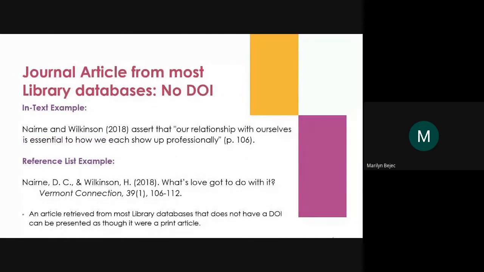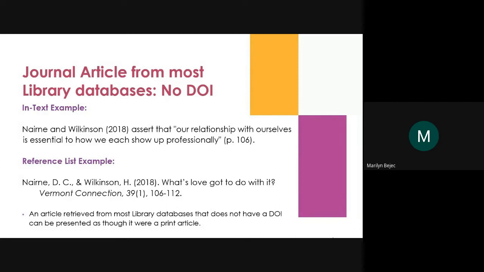For a journal article from a library database with no DOI, in text, you have to write the author's name followed by the year, and then the direct quotation, followed by the page number in close and open parentheses. In the reference list, you have to write the two authors' surnames, and then the year, and then the title of the article, and then the rest of the information, in the same format as the previous journal citation.